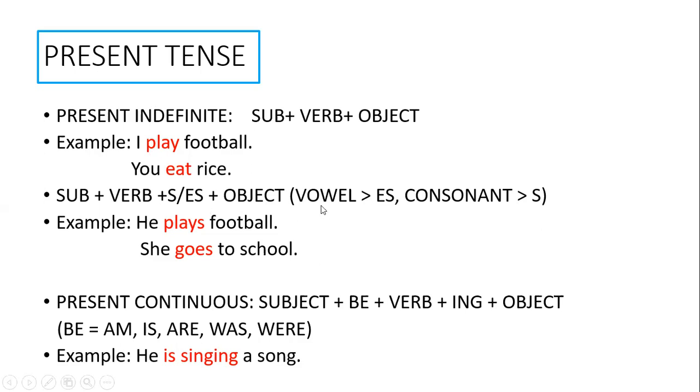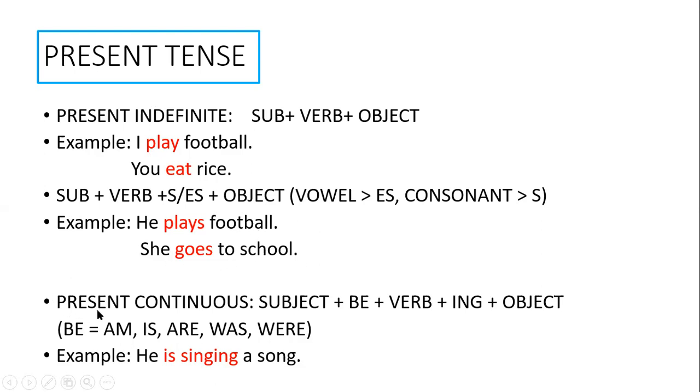There is a simple rule: if the verb ends with a vowel, we use es, and if the verb ends with a consonant, we add s. For example, he plays football, she goes to school.